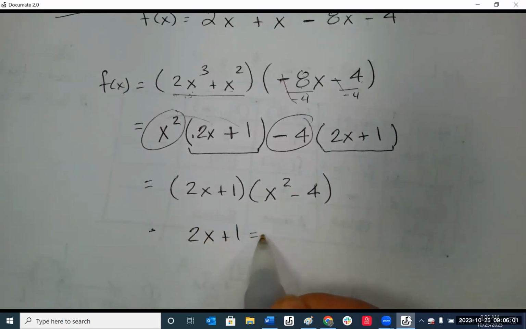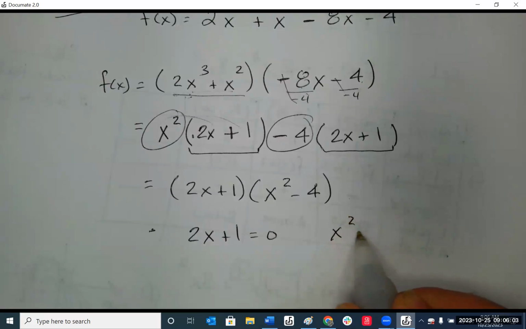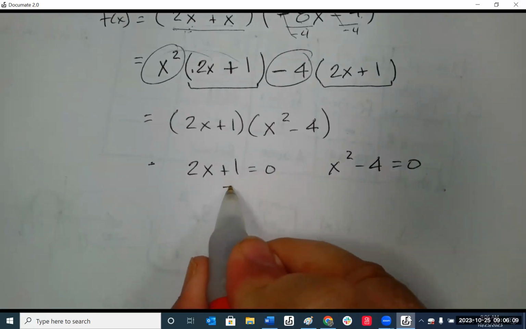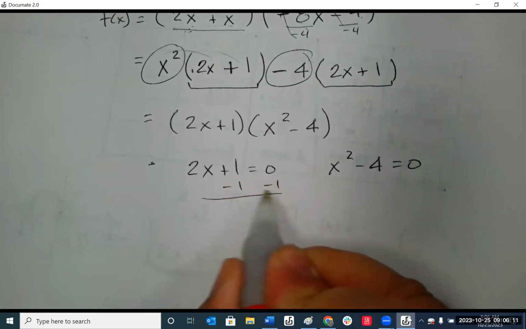Now take both of these and set them equal to 0. And solve for x.